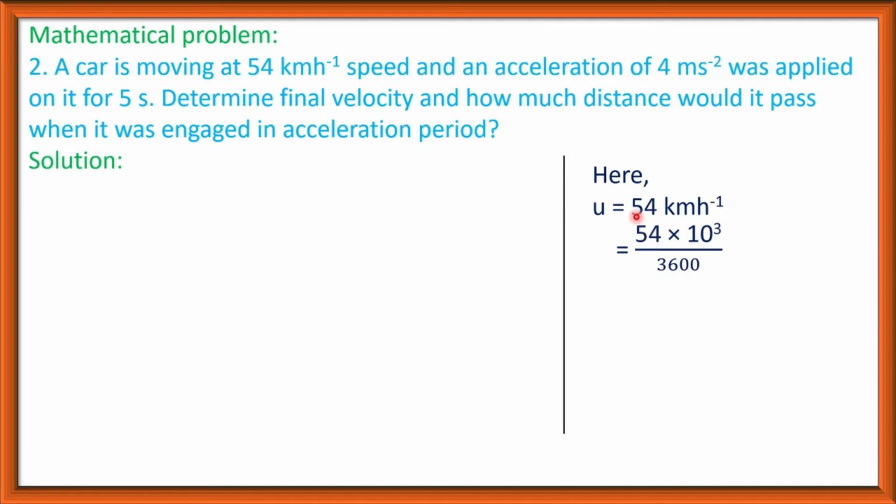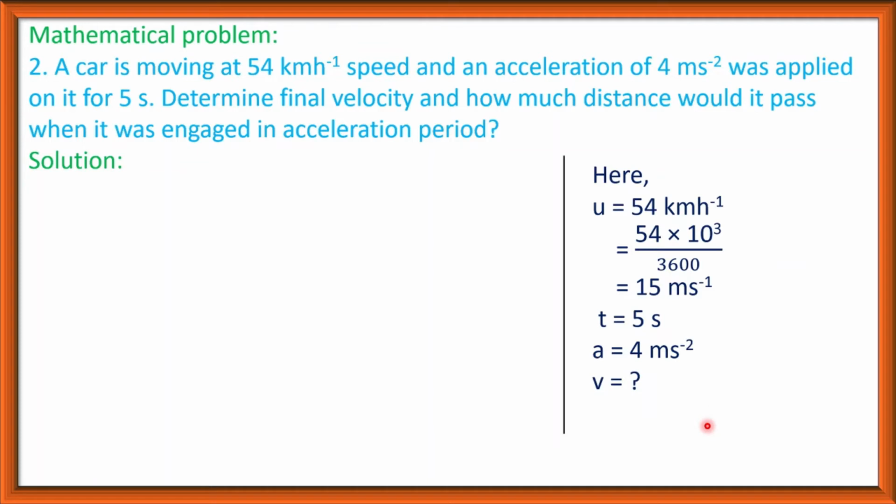So we multiply 54 by 10 to the power 3, and 1 hour means 3600 seconds, so we divide by 3600. After calculation, it is 15 meter per second. That means 54 kilometer per hour means 15 meter per second, time t is equal to 5 seconds, and acceleration is equal to 4 meter per second square.